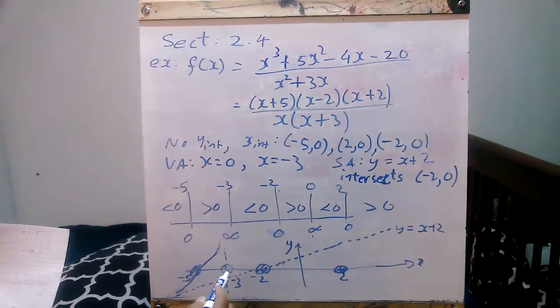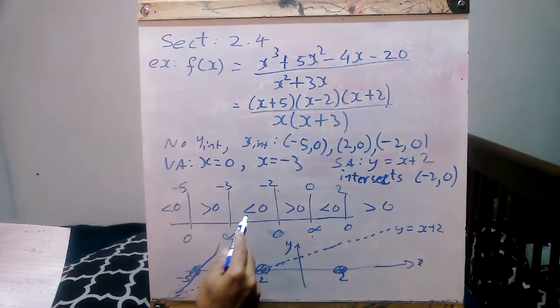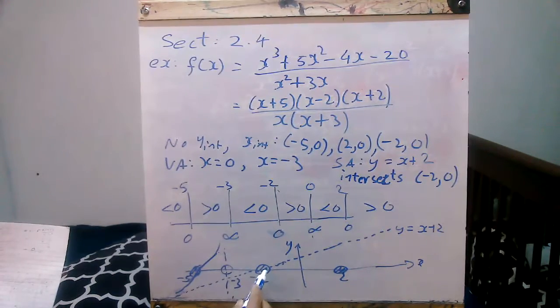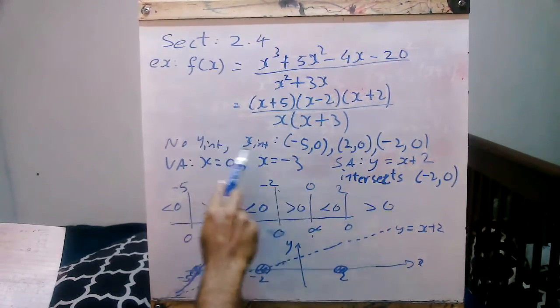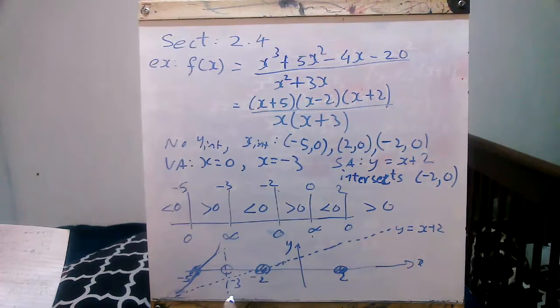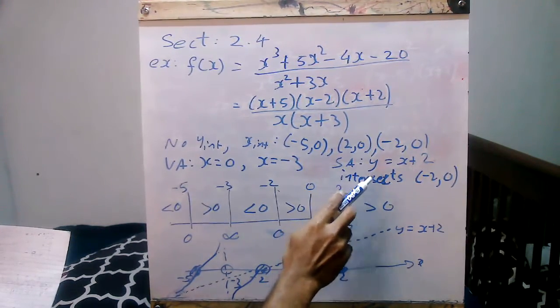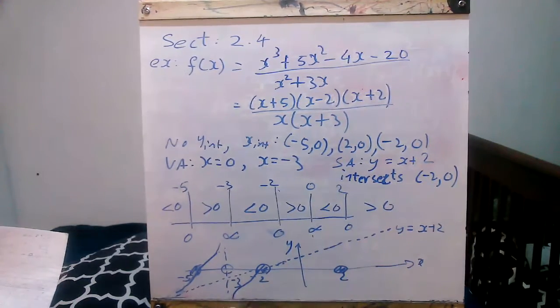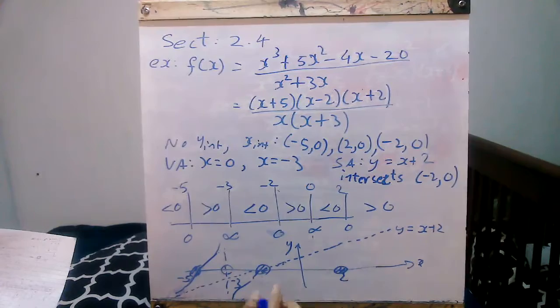How about the right side of -3? It is less than 0. That means it should come in this direction. Here you should be careful. It has an x-intercept at -2. Also, the graph intersects the slanted asymptote at -2, 0, so you don't have to do it separately.